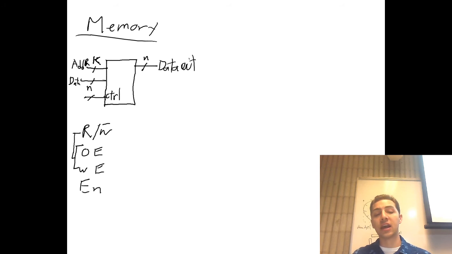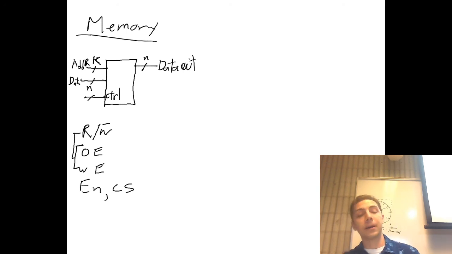Two ways to do the same thing: output enable, write enable. We would also sometimes just see a generic enable or a chip select. And these could be active high, active low. Probably most of them are active low. But that controls how we read or write.